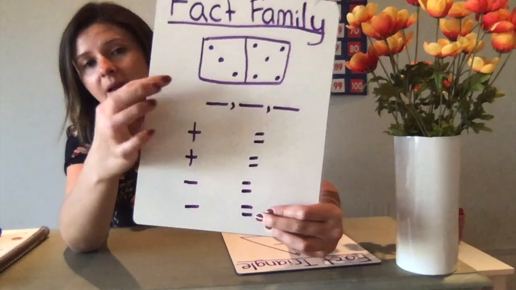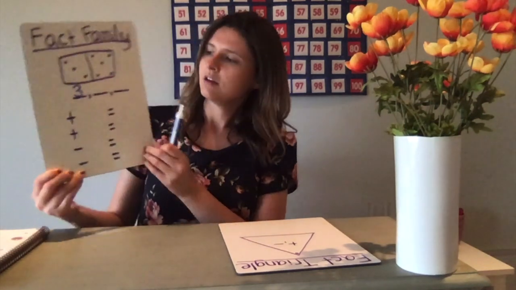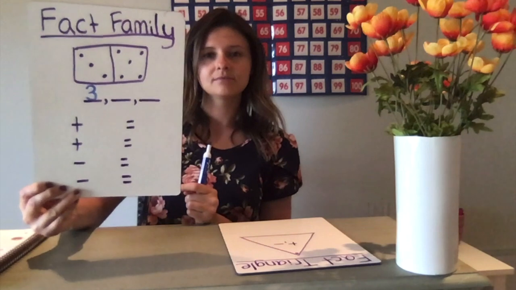So the first number is right there, 3. So I'm going to write 3 on that first line. Remember, fact families have 3 numbers, but 4 different number models will make. So we have a 3, and then we're going to get the number from this side of the domino, which is 5.